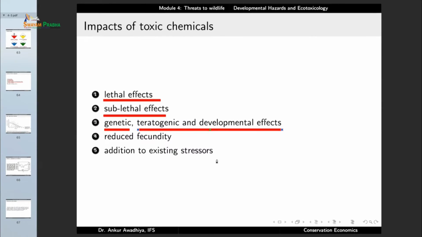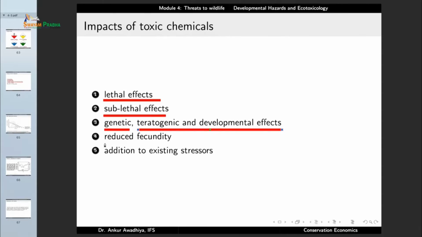So teratogenic chemicals are those chemicals that are monster producing, which means that if the organisms are exposed to these chemicals, and especially those organisms that are pregnant, these chemicals will act on the fetus and will produce developmental abnormalities, which means that you might observe that there is a frog which, in place of having 4 limbs, is having, say, 5 limbs or 6 limbs, or there is, say, a tortoise that is born without limbs.